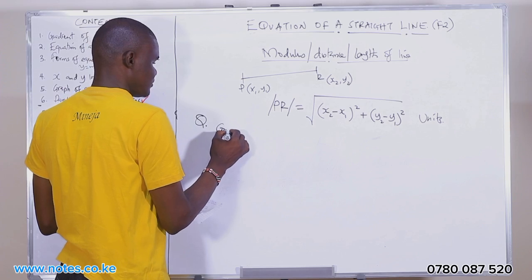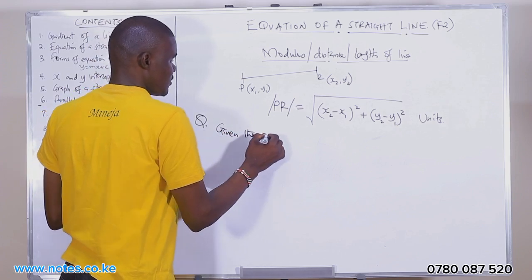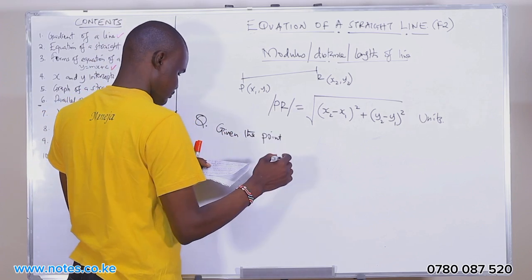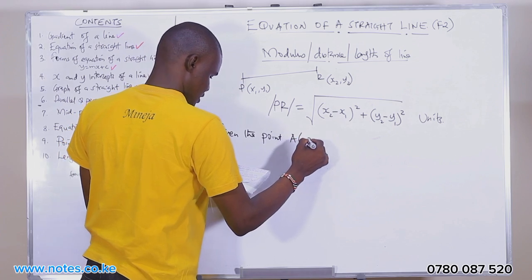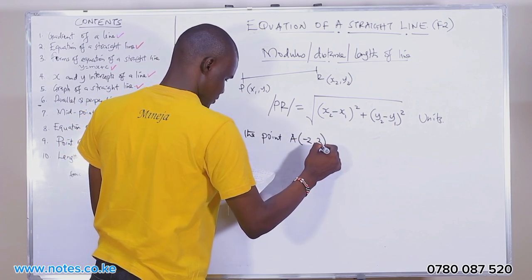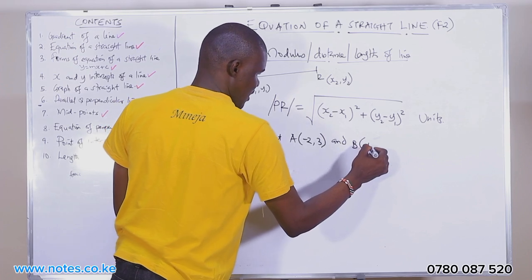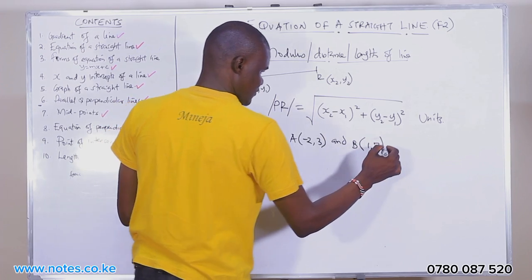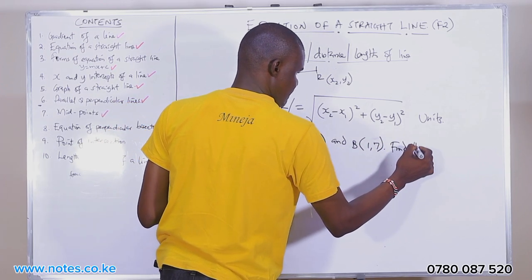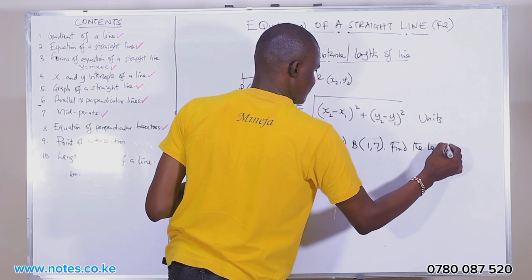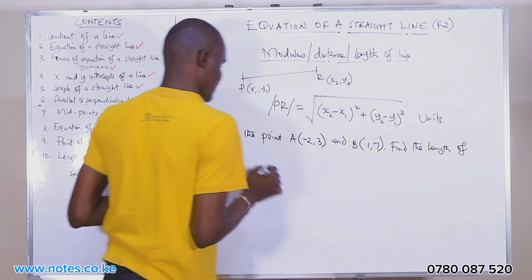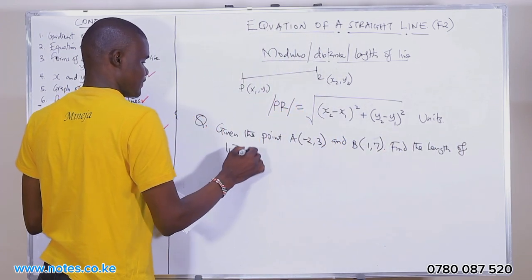Given the points A(-2, 3) and B(1, 7), find the length of line AB.